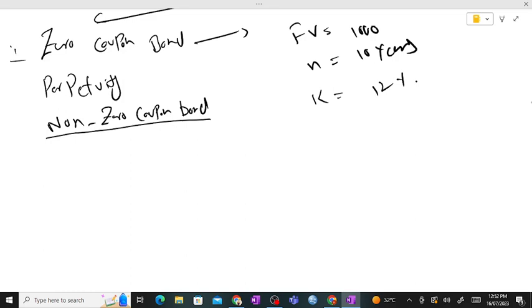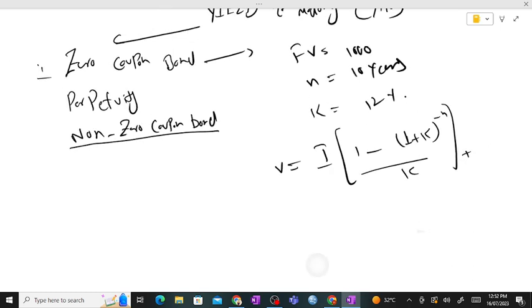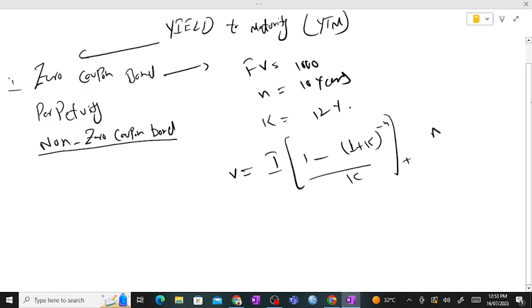The formula for bond valuation is V = I × (1 − (1 + K)^−N) / K + MV / (1 + K)^N.